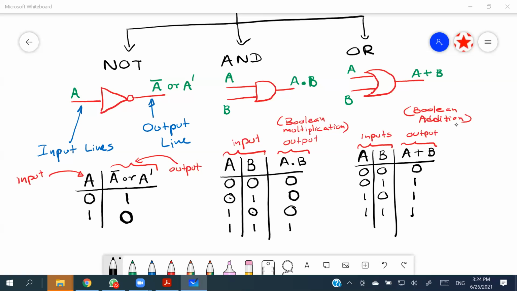That's a simple way to remember. If any of the inputs are 1, the output is going to be 1. If none of the inputs are 1, your output is going to be a 0. Right? Are you getting this, people?